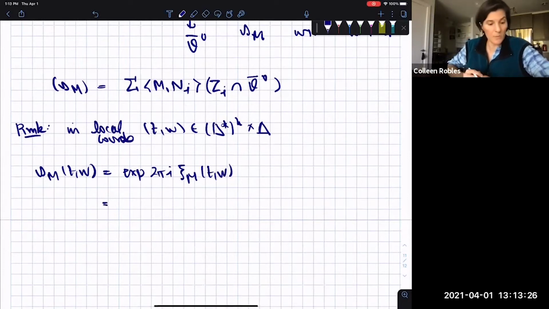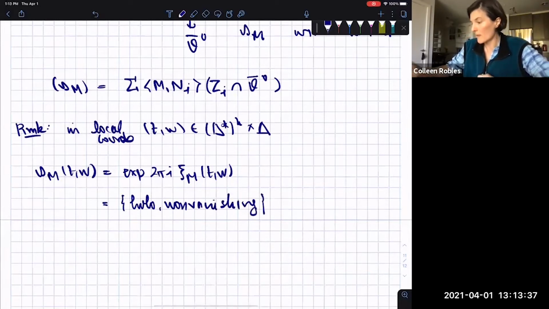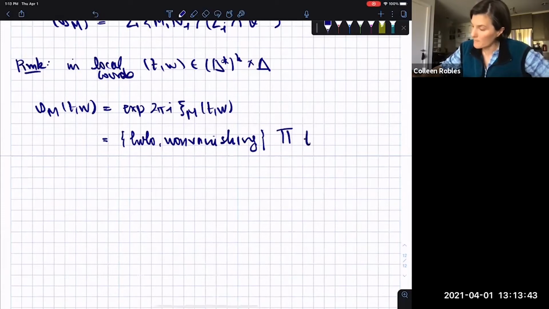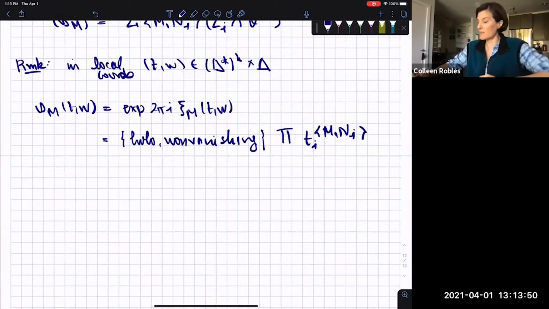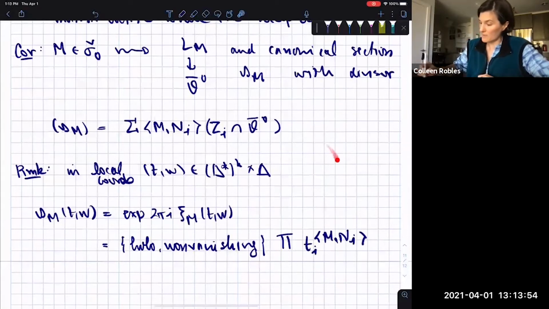And this works out to be a holomorphic, non-vanishing function, which is not very interesting, and then times a monomial. So you get the t_i's raised to the power m_i. And so in particular, it's essentially this local expression that allows one to deduce this formula.